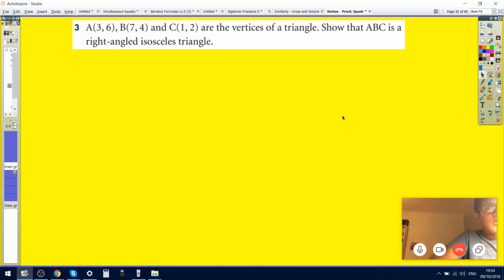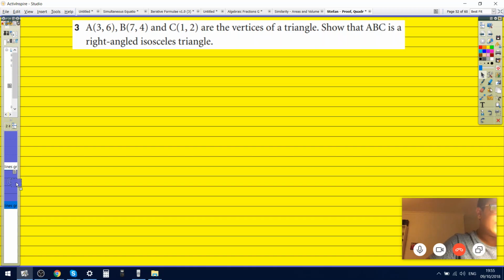So show that ABC is a right-angled isosceles triangle. So I might draw a set of axes, because just in general, how would you do it? You just draw A as 3 6, and then just go along a bit.